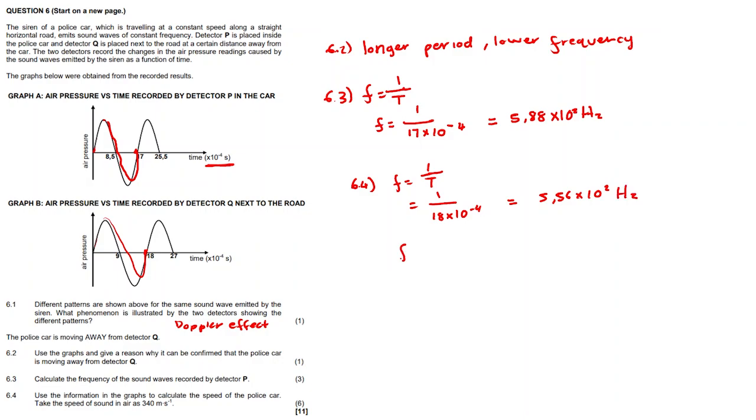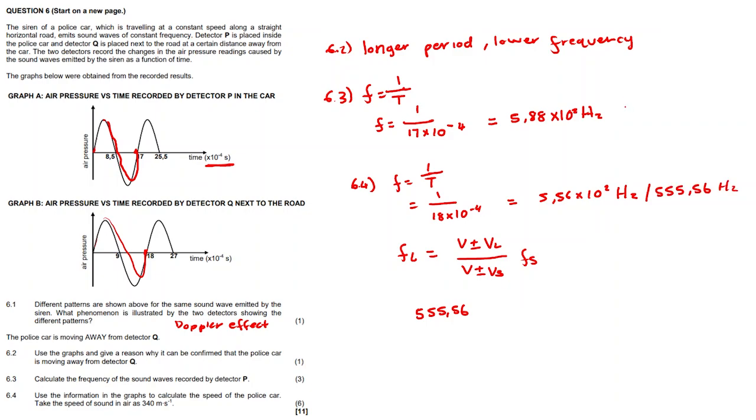We then can use the equation that the frequency of the listener is equal to the speed plus minus the velocity of the listener over the speed plus minus the velocity of the source times the frequency of the source. We then have the frequency of the listener, which is 555,56 if you didn't use scientific notation.